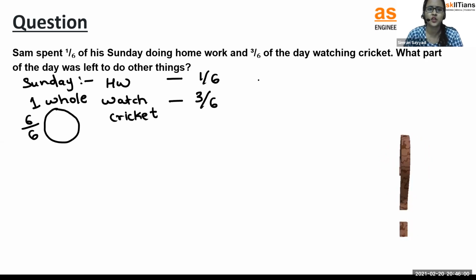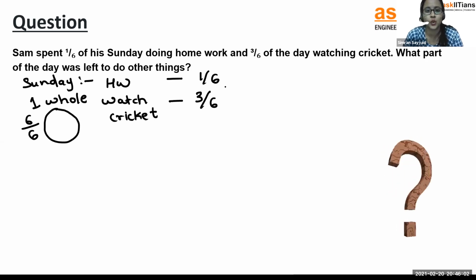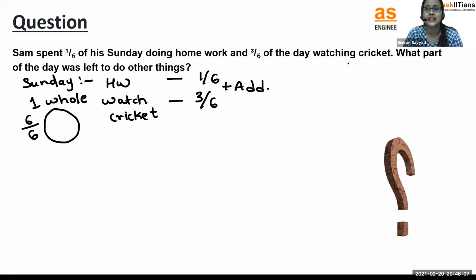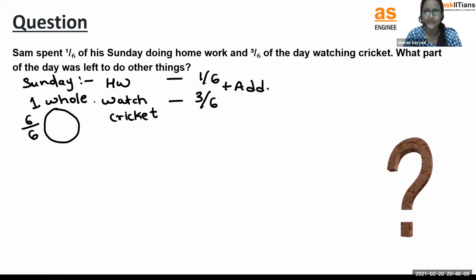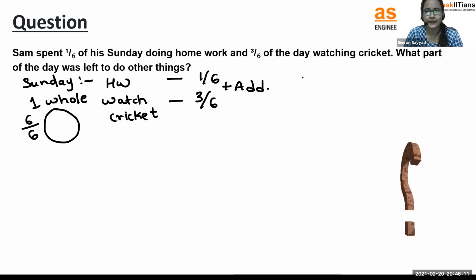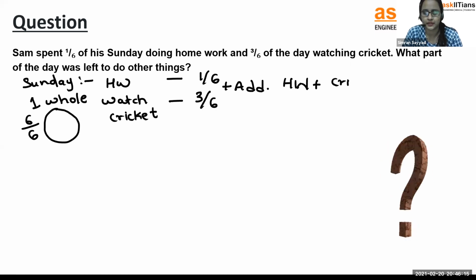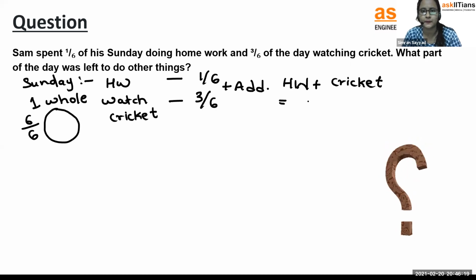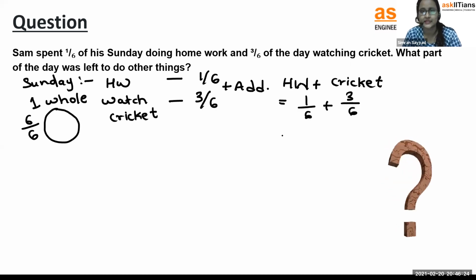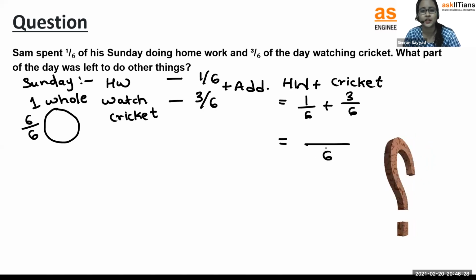So first of all, students, we are going to add them, because we have to find the leftover part. Suppose I add my homework and my cricket. What is my homework? It is 1/6 part. And what is cricket? 3/6. Now, do I need to take the LCM here? Not at all, because the denominators are already the same.